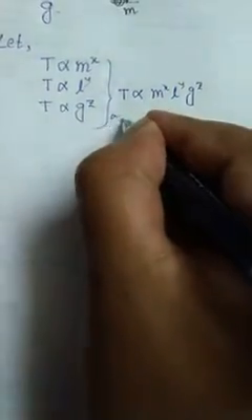So when I combine these three, what we shall get? t is proportional to m to the power x, L to the power y, g to the power z. Or I can write like this: t equal to a constant k into m to the power x, L to the power y, g to the power z.